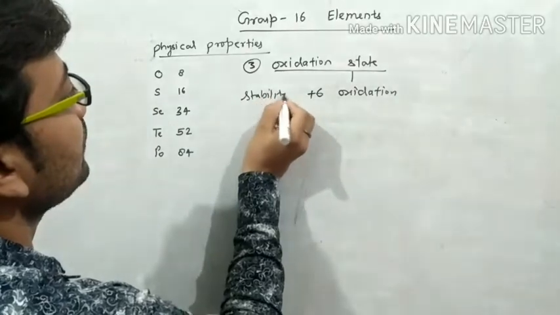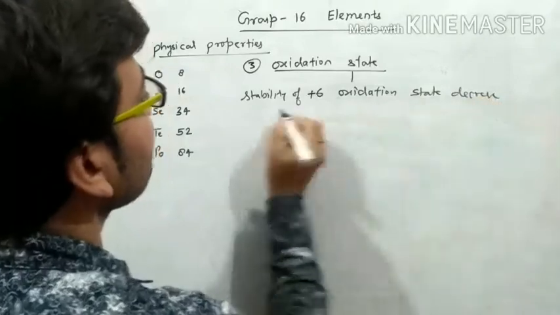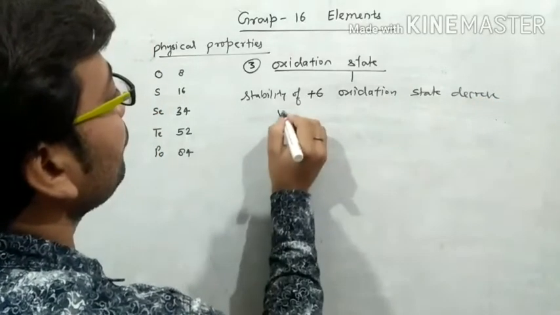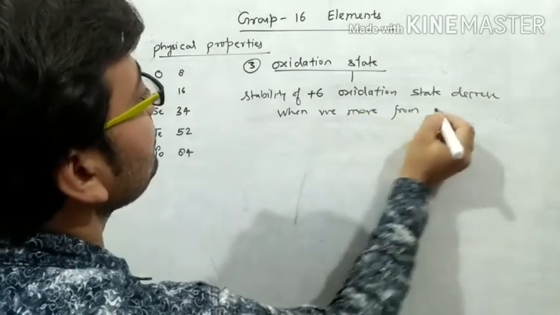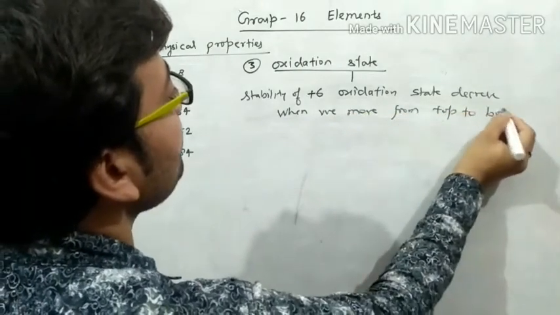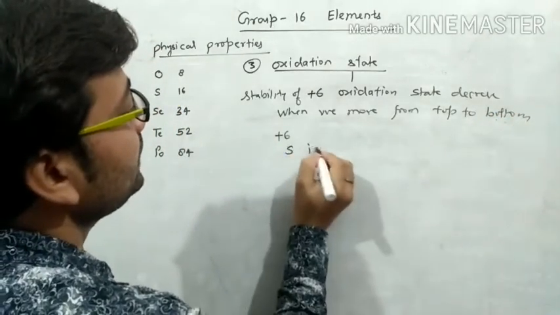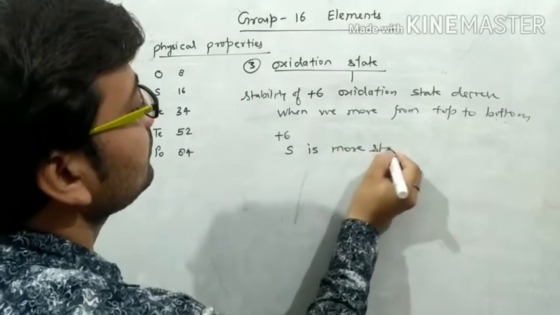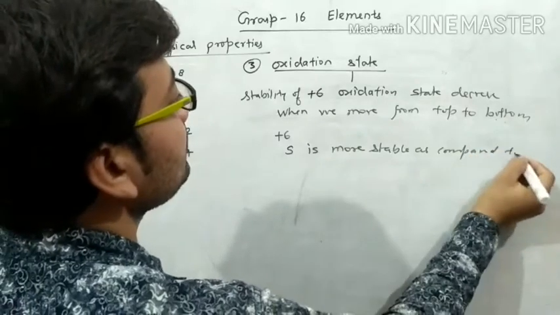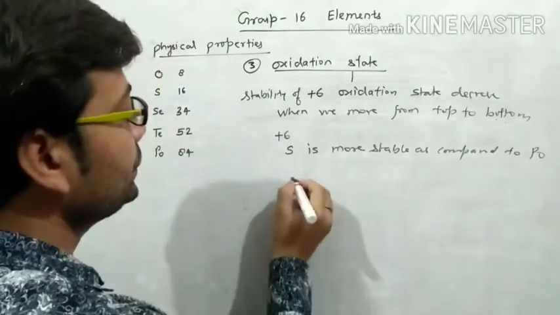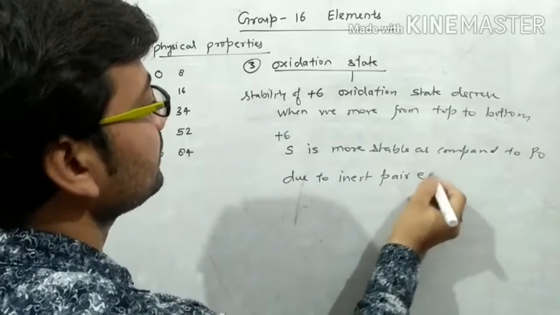The stability of +6 oxidation state decreases when we move from top to bottom. Means +6 oxidation state in case of sulfur is more stable as compared to polonium due to inert pair effect.